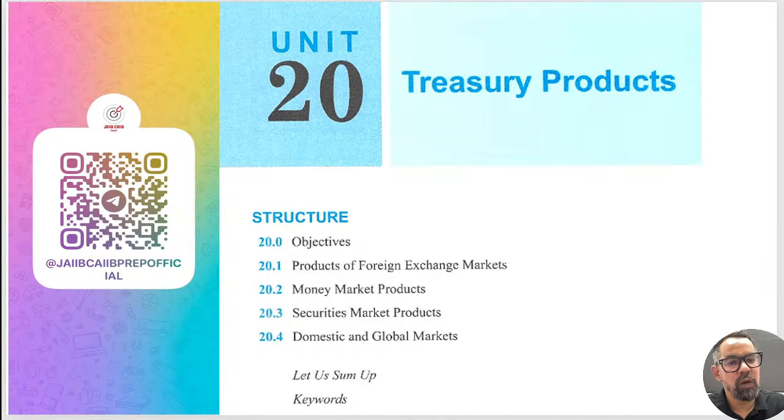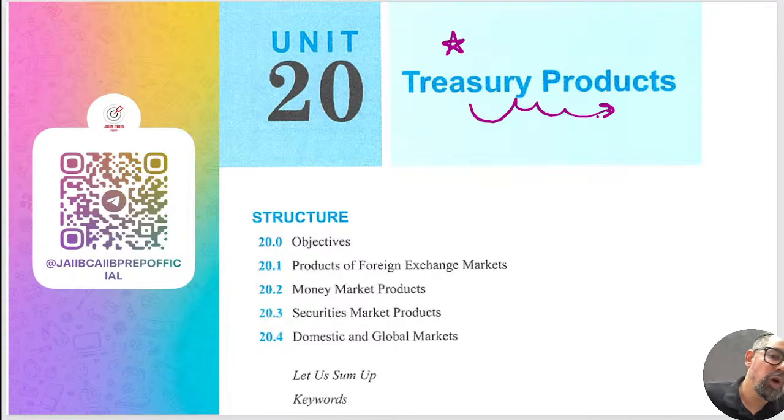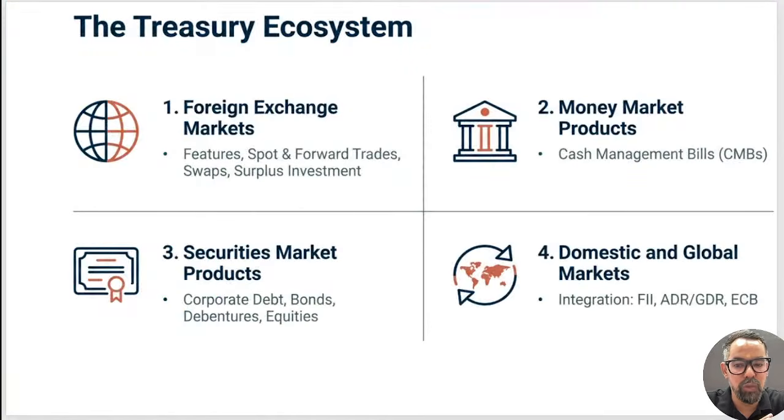Okay, so now the next unit which we have, that is your treasury product itself. The first topic is all about integrated treasury. The second topic is all about the treasury product. When it comes to treasury product, we have integration of all the four markets: foreign exchange spot, future or forward contract, money market instruments, securities market, and the domestic debt and equity market.